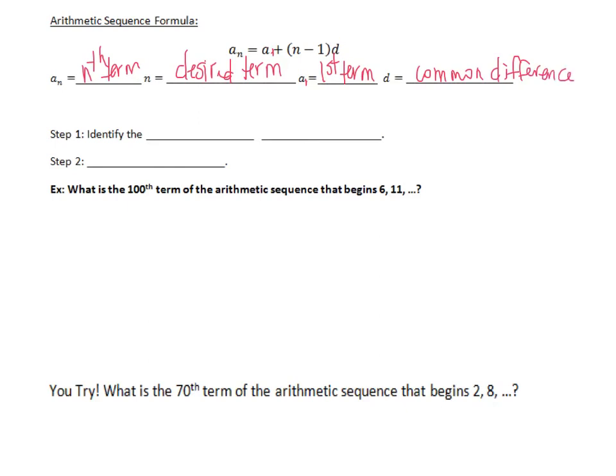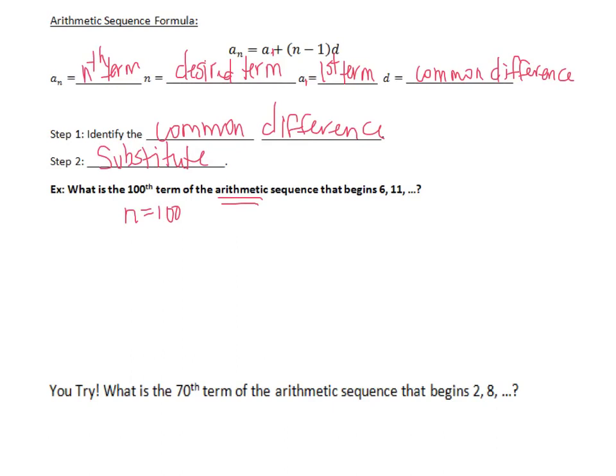Alright, so step 1. We always want to identify what our common difference is, if possible. Without that, this will be difficult. And then step 2, we're just going to substitute in all the values into our formula. Alright, so it says, what is the 100th term? So I know right away n equals 100. It's our desired term. Of the arithmetic sequence, again, we need to make sure that it is an arithmetic sequence.